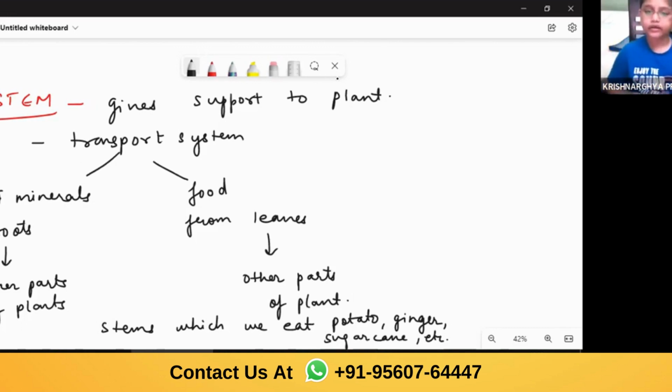And ma'am, another interesting fact about the stem is that even though stem is in the upper part of the plant, potatoes and gingers grow under the ground. Yes, they are underground stems.